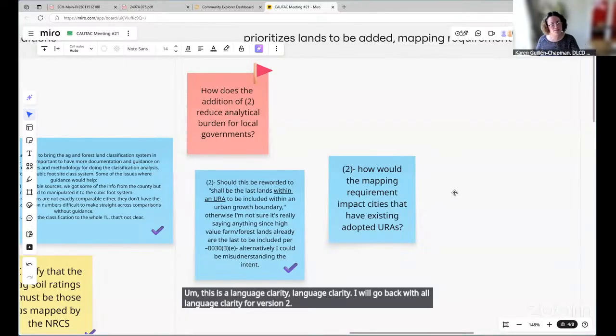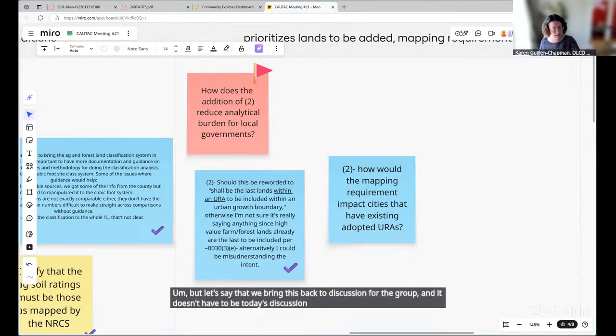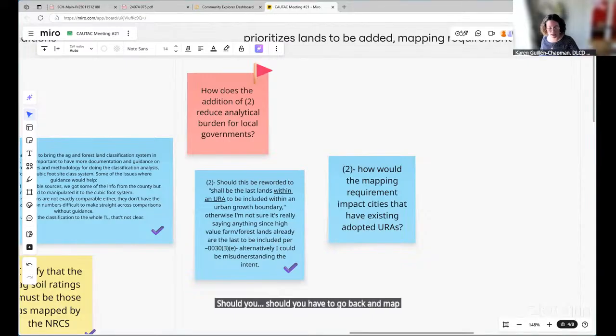Kevin, I'd like to talk about this one. And it's okay that we don't have an answer. But let's say that we bring this back to discussion for the group, and it doesn't have to be today's discussion. If you already have an established urban reserve area, should you have to go back and map those that have prime and unique soils?